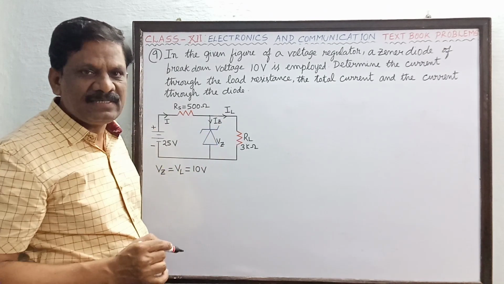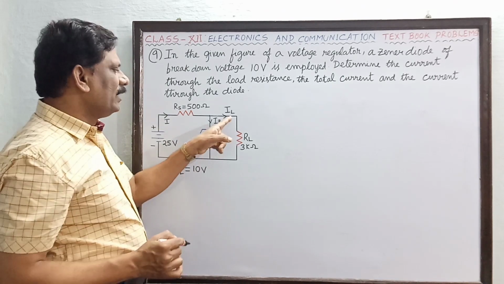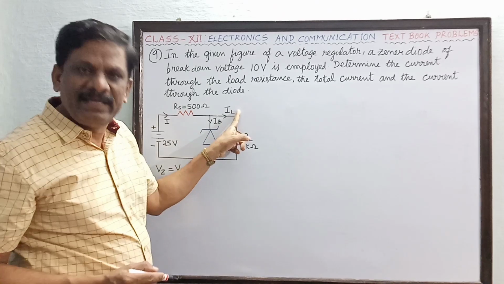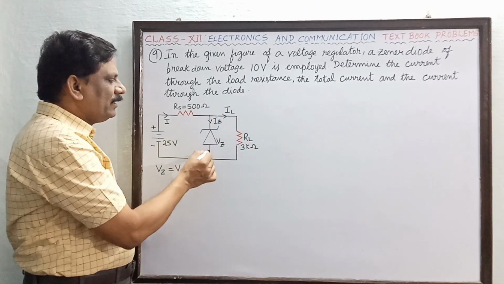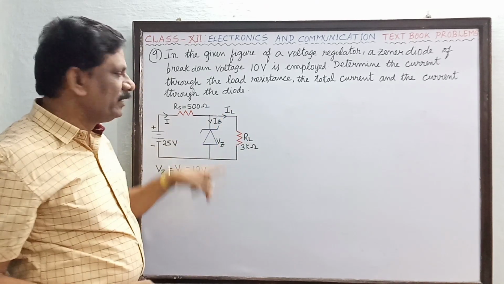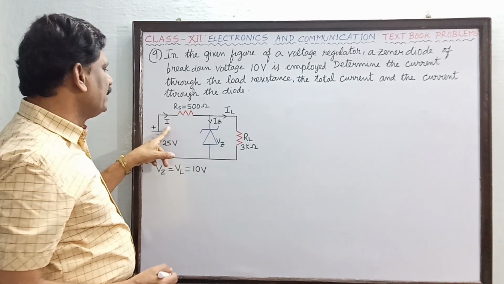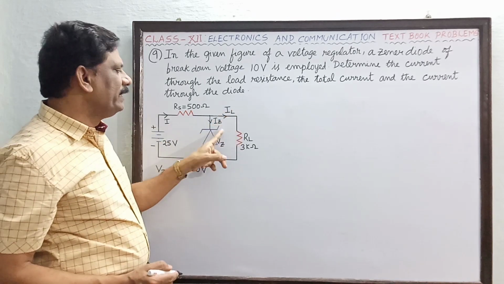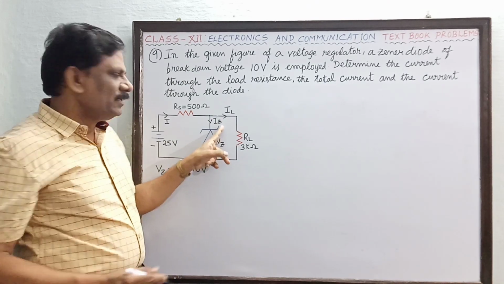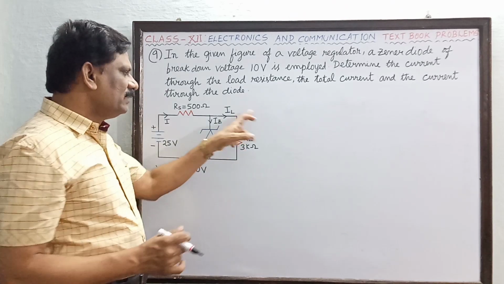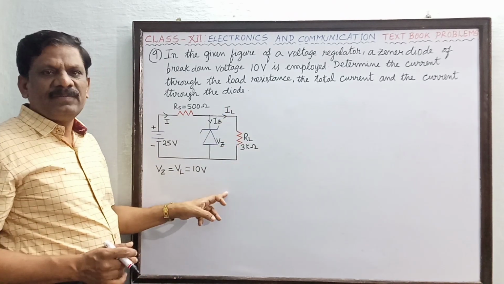There are two paths. Through the load resistance, the current is IL, and the remaining current passing through the Zener diode is IZ. So by Kirchhoff's law, this I must be equal to IL plus IZ.